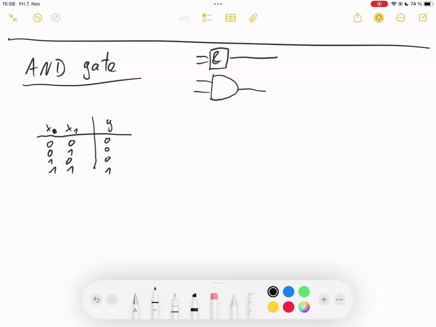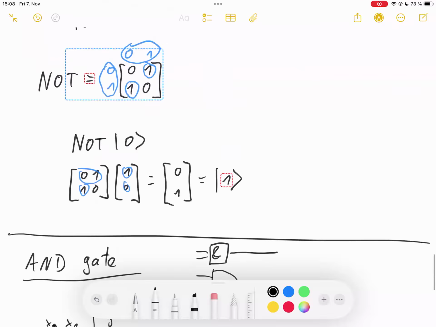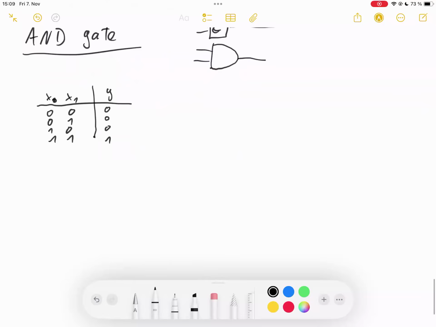And it turns out we can describe this also as a matrix. So the AND matrix can look something like this. It would be a bigger matrix. It will have two possible outputs, either 0 or 1. But it has two inputs. So there are four possible basic combinations of the inputs, which are 0, 0, 0, 1, 1, 0, 1, 1.